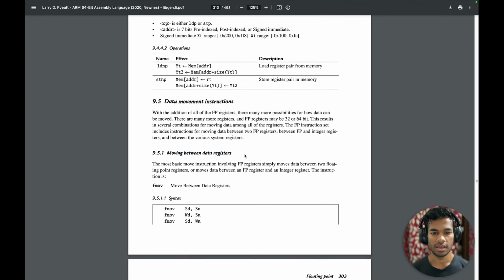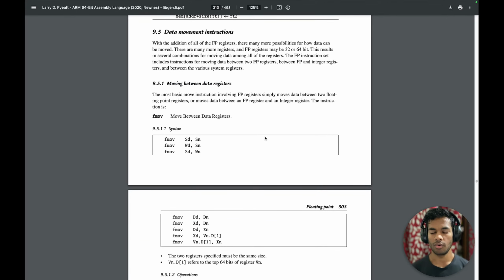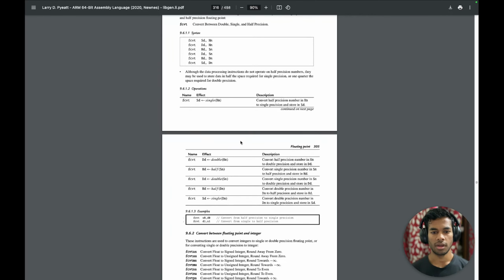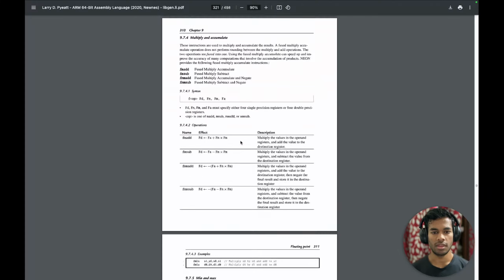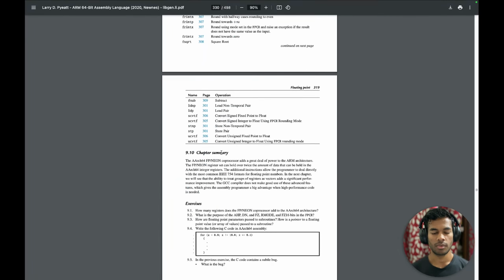Moving data between data registers. How long is this chapter? I guess this was pretty long, right? This chapter, because they are essentially teaching assembly anew from the start. Nope, not that long, but yeah, this is good.